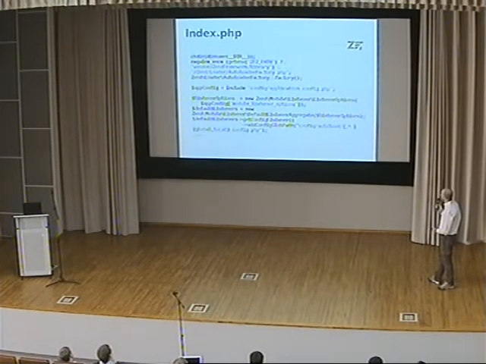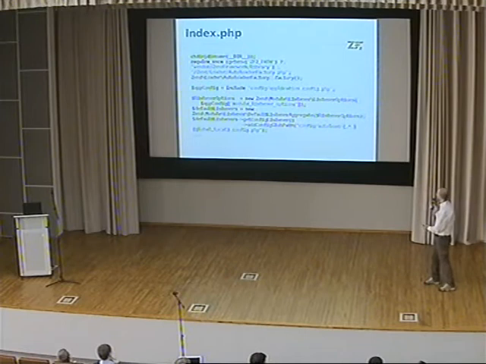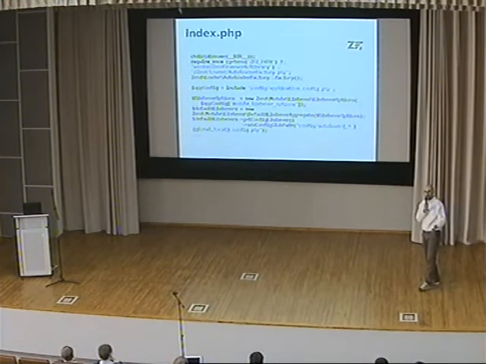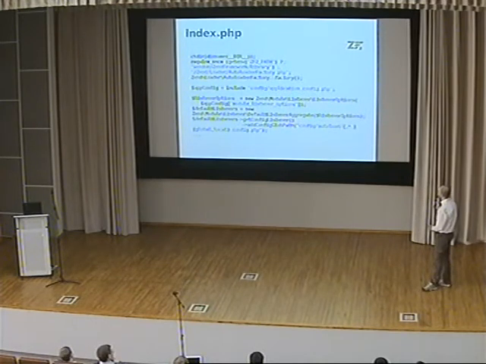Here we specify the modules, so we are saying, okay, we have this application, we have these modules, and of course we are using a configuration file here. These lines are just to say we want to use modules, and the modules are located here, and I will show you the configuration for that.